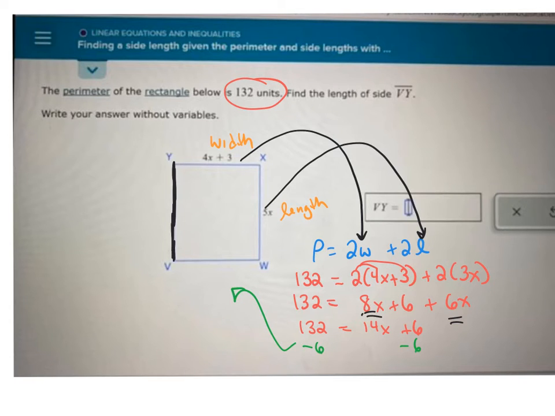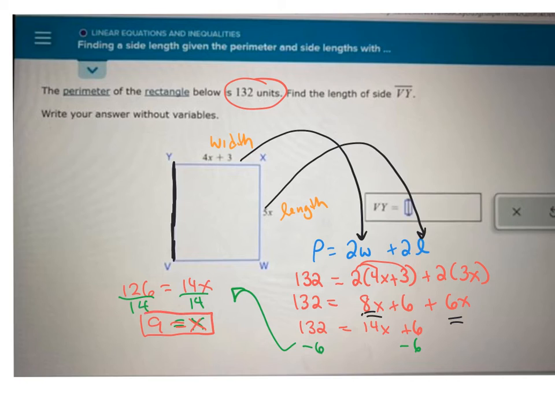So 132 minus 6 is 126 equals 14x. Then I'll divide both sides by 14, and that will give me my value for x. So 126 divided by 14 is 9, so my x equals 9.